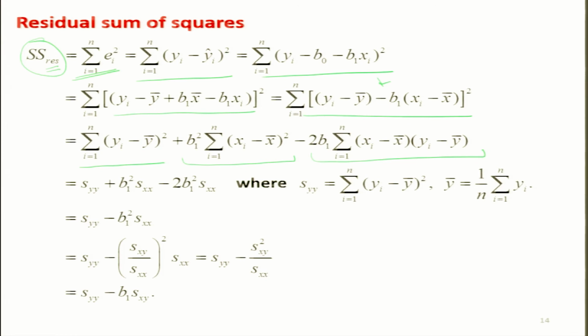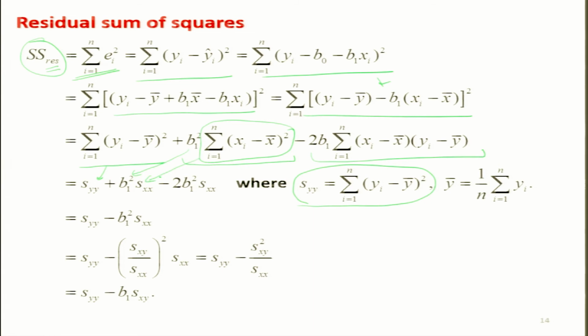If you identify these terms, the first term is your Syy, which is summation yi minus y bar whole square. The second term is B1 square, and this term here is Sxx.